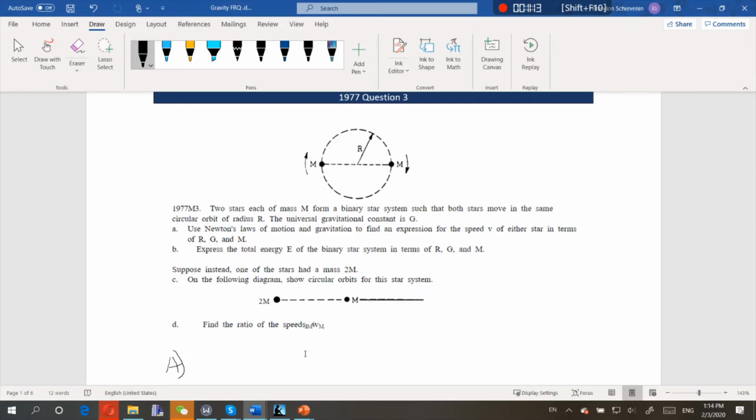Wait, can you say again? Yes. So on course sites, you are currently in my Calc 2 class on Course Sites. If you look under online classes, there should be a link that says Day 1 Physics Gravity, and that has everything that you need to submit.